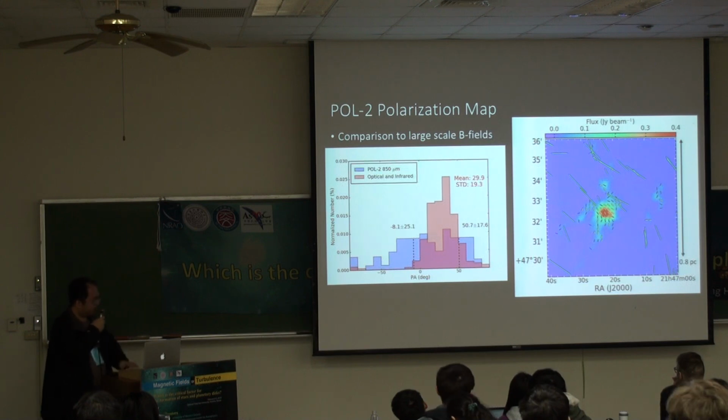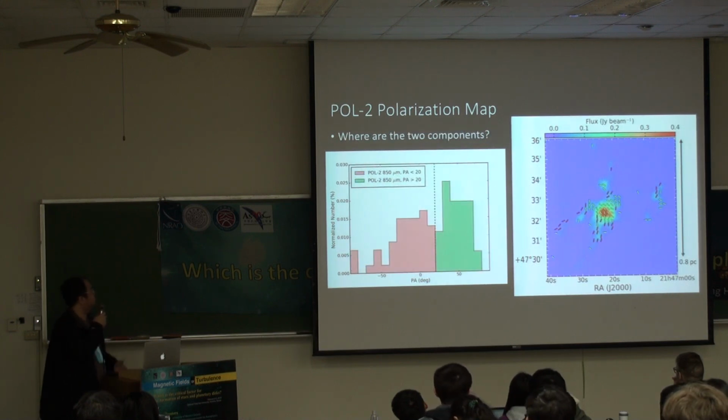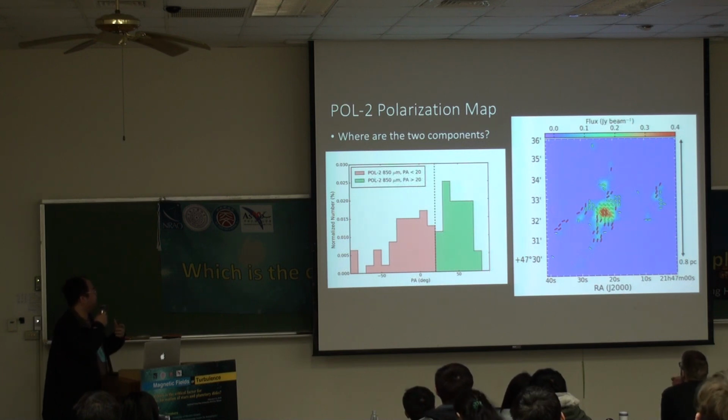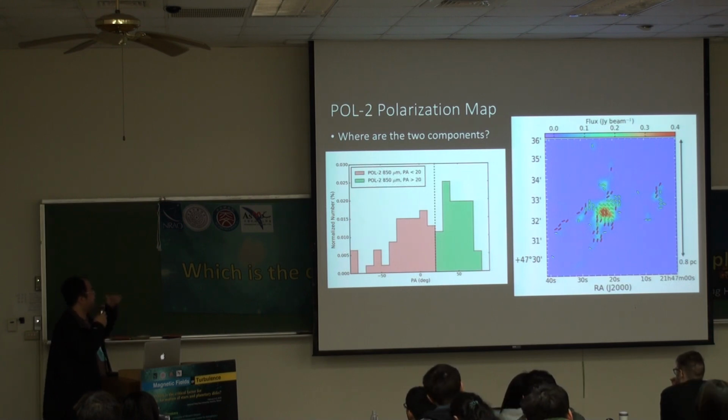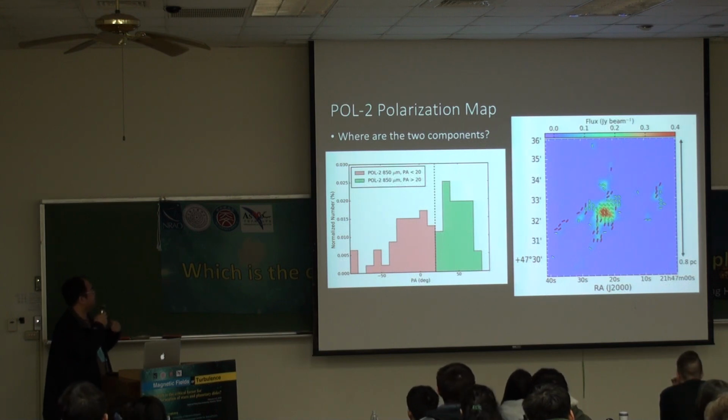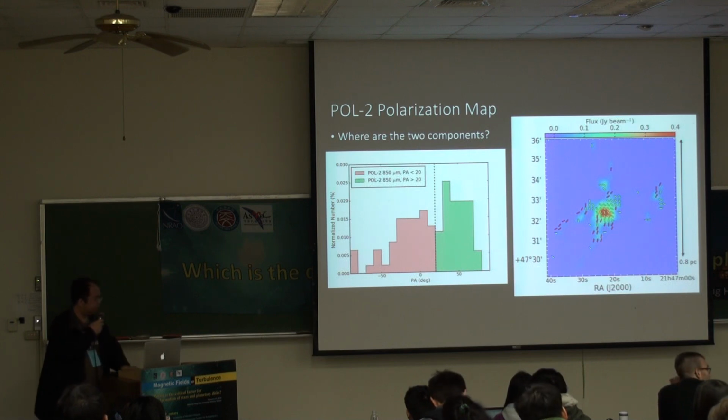We show where these two components are, and we see they come from either the top half or the bottom half of this system, which suggests that the local, small-scale magnetic field is likely inherited from the large-scale magnetic field, but is possibly modified and directed by the contraction of the large-scale main filament.